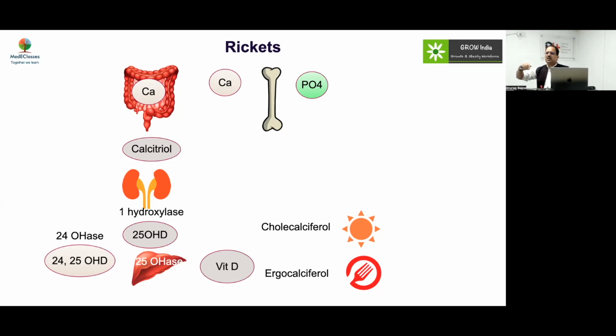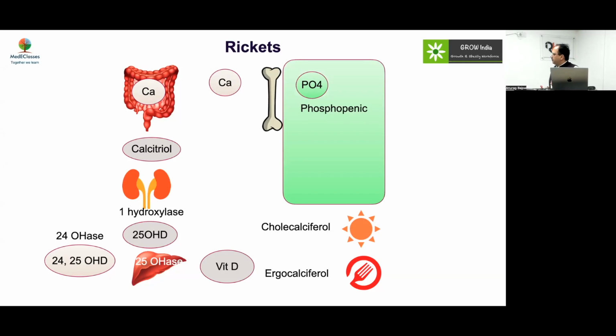If you are deficient in vitamin D, 25-hydroxylase, or 1-alpha hydroxylase, or if you have a problem in the vitamin D receptor, you will develop refractory rickets. There is also an inactivating pathway via 24-hydroxylase, which converts this to an inactive form, basically resulting in decreased action.